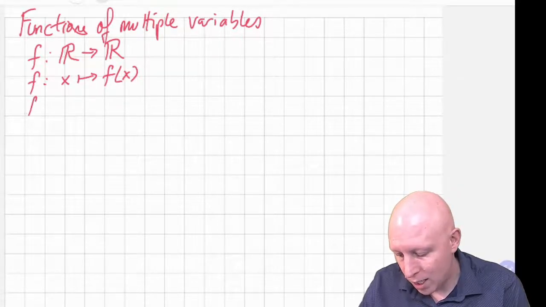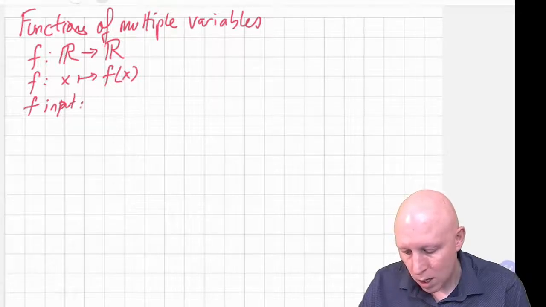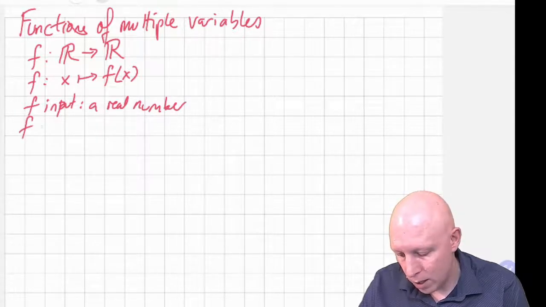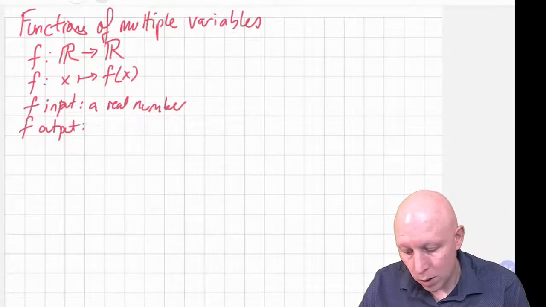This f takes in an input that is a real number, and the output is also a real number.